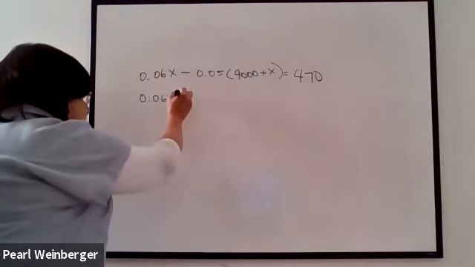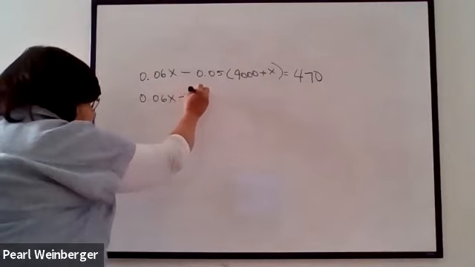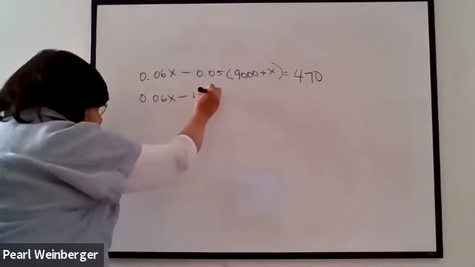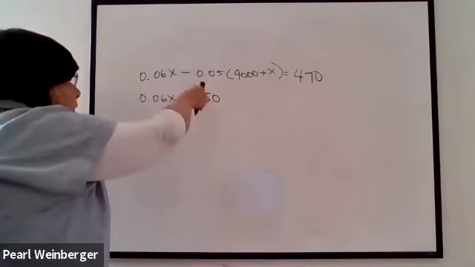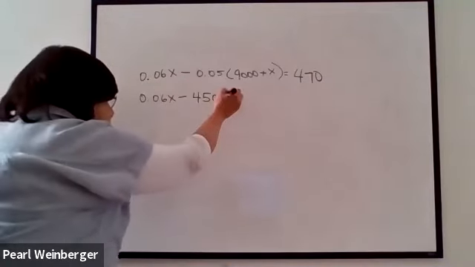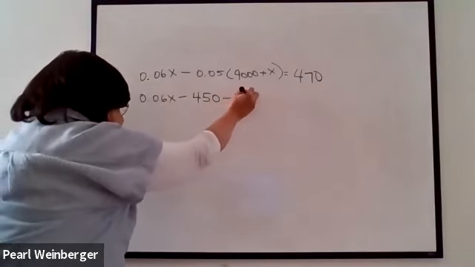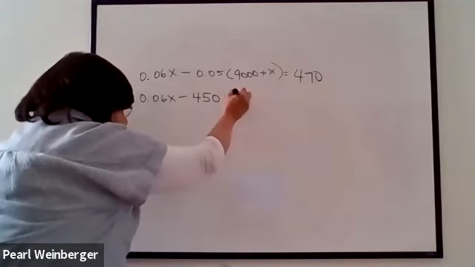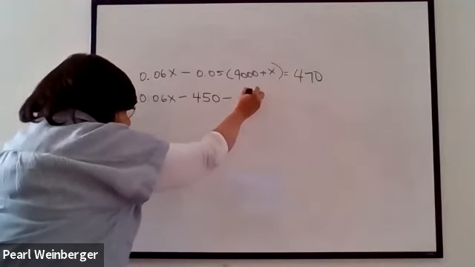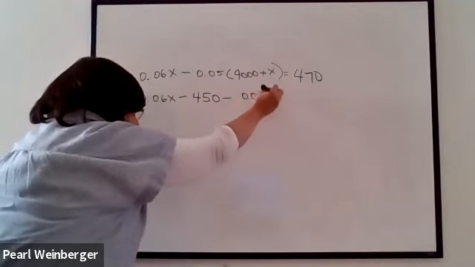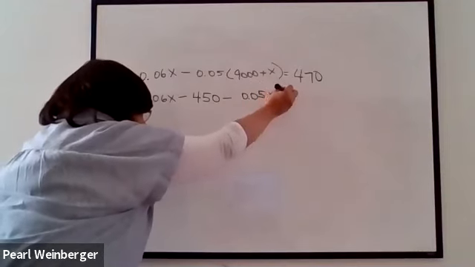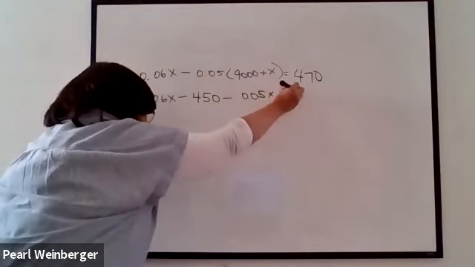If you did that, you got 450. So that's 900 minus 450. And the negative 0.05 times x is, of course, negative 0.05x. And that equals 470.